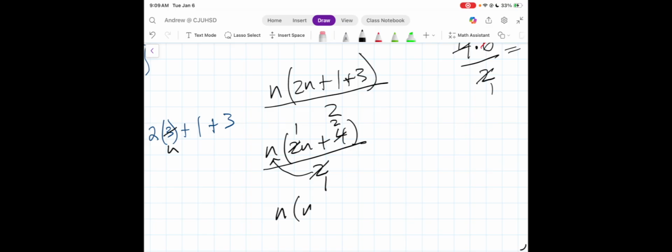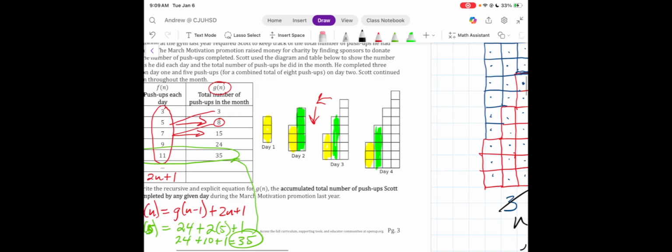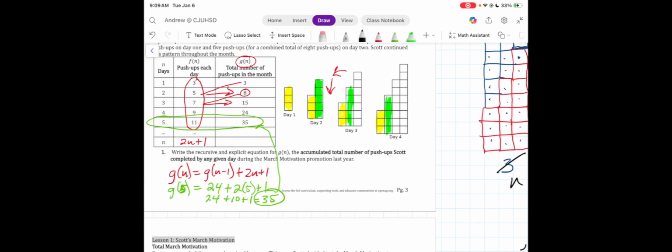N times n plus 2. That's the formula for the explicit. So coming over here, and that would be called, well, I guess it would still be called g of n. So g of n is n times n plus 2.